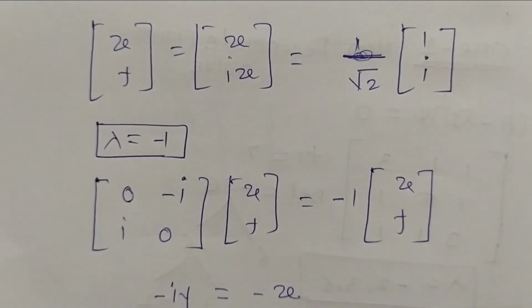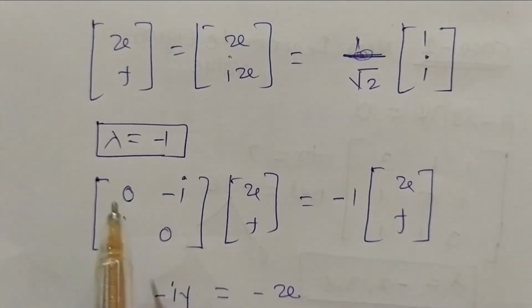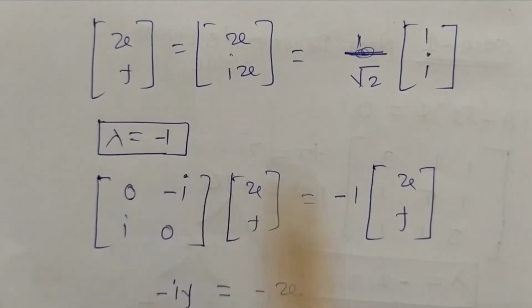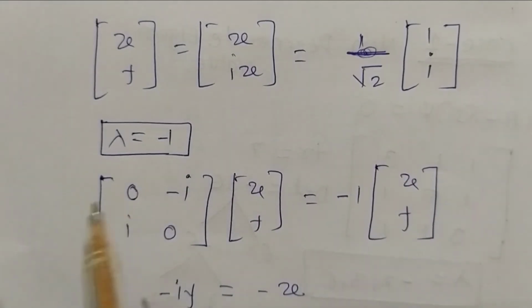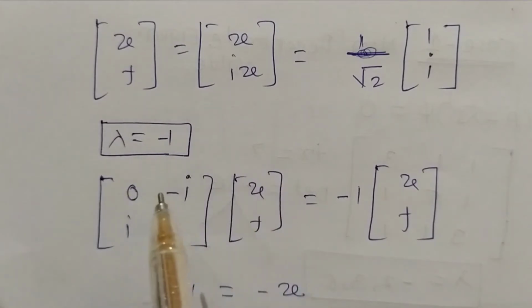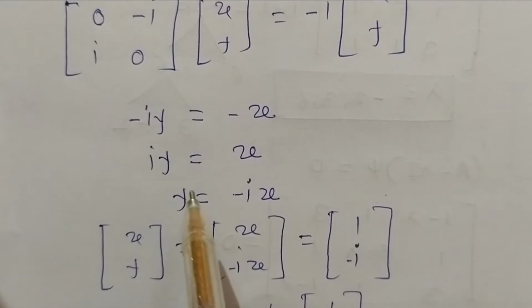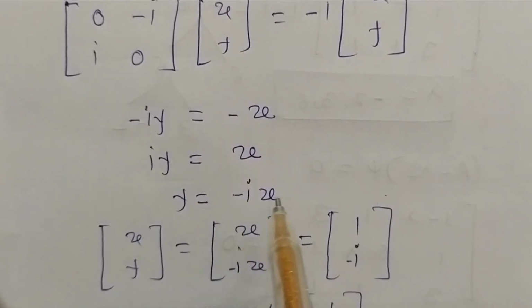Next, when lambda is minus 1, then this matrix 0, minus i, i, 0 times (x, y) is equal to minus 1 times (x, y). When 0 into x is 0 plus minus i into y is minus iy, is equal to minus x. So minus iy is equal to minus x. So here iy is equal to x, so y is equal to minus ix.